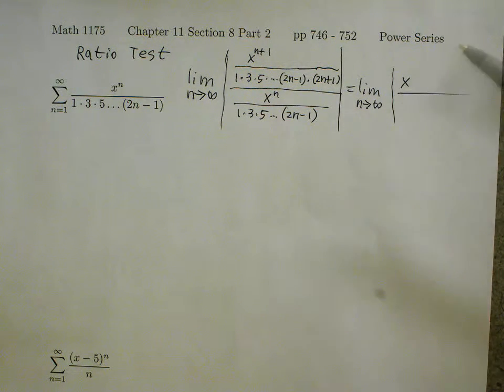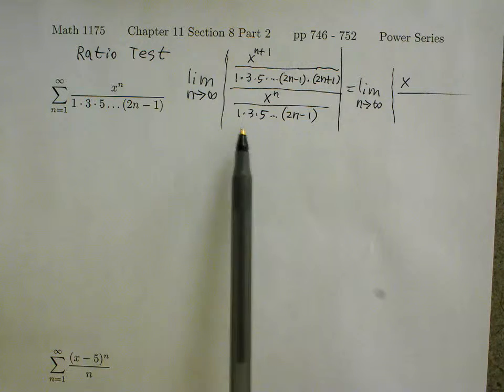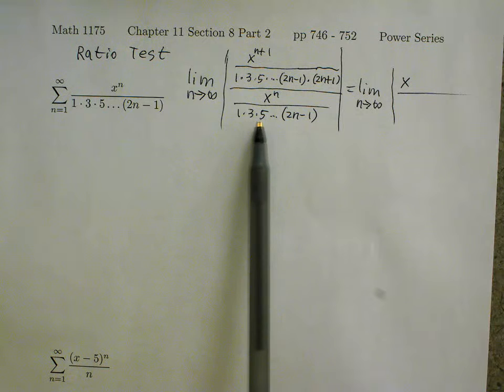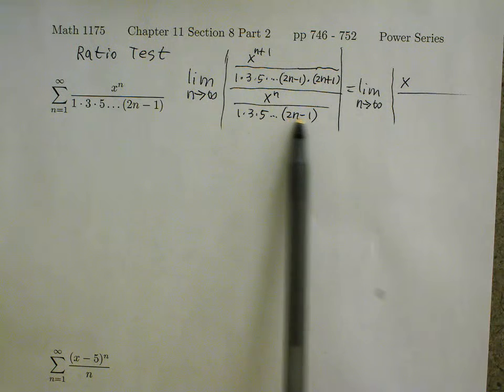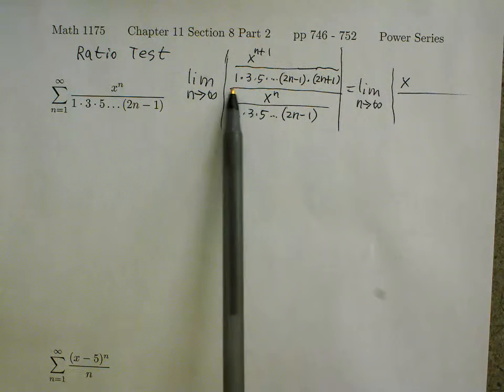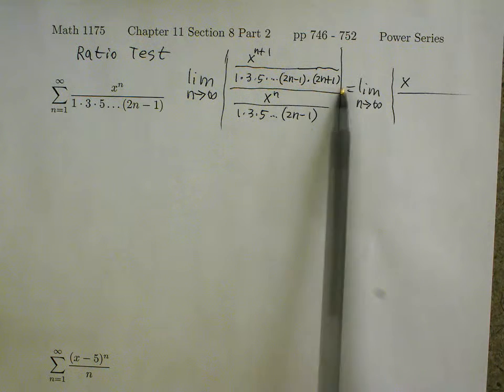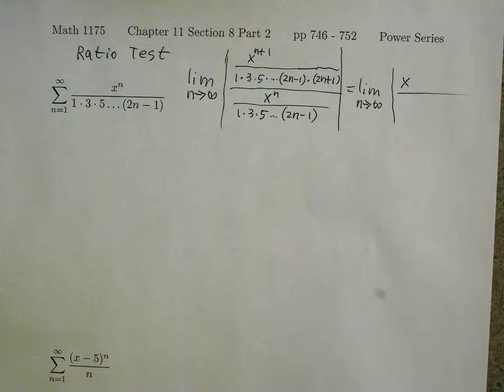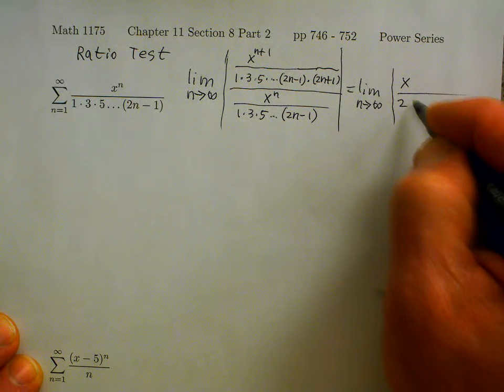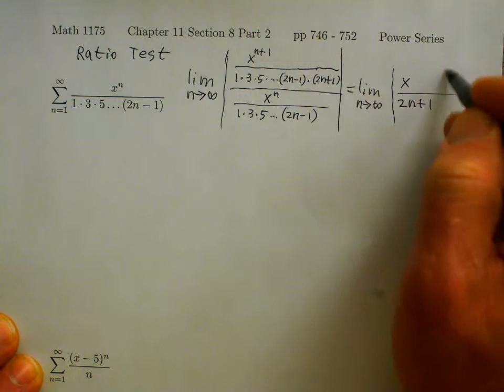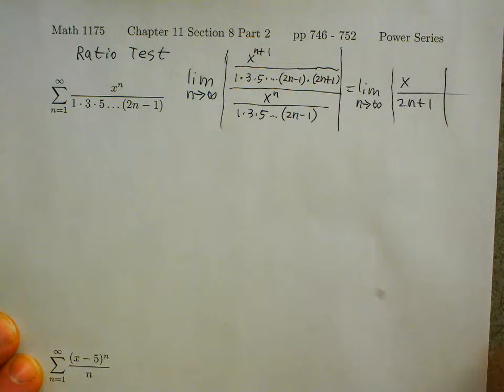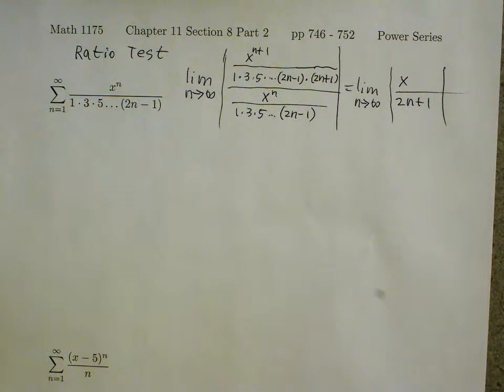And then we're going to also have 1 times 3 times 5 dot dot dot times 2n minus 1 divided by 1 times 3 times 5 dot dot dot times 2n minus 1 times 2n plus 1. So all of the factors cancel except the binomial 2n plus 1, which is in the denominator. So holler if you want more detail on that.